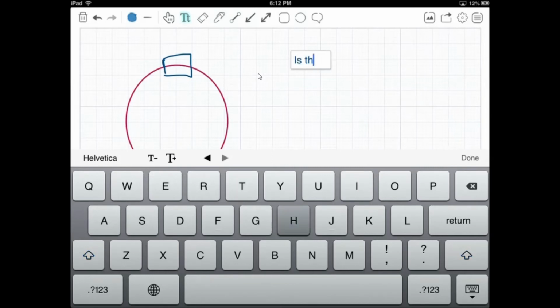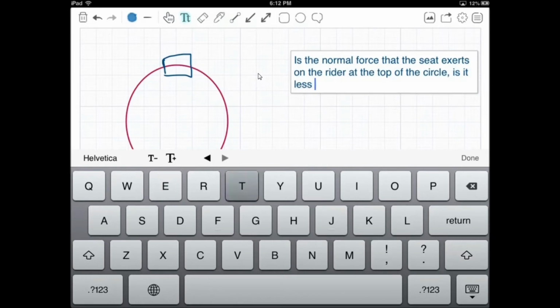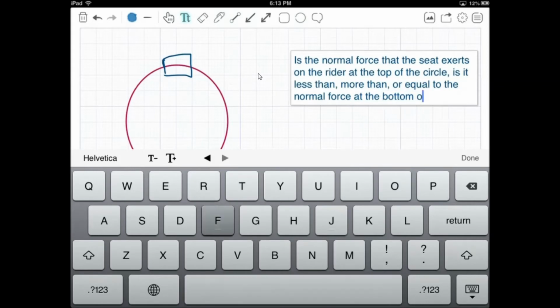It says, is the normal force that the seat exerts on the rider at the top of the circle less than, more than, or equal to the normal force at the bottom of the loop?